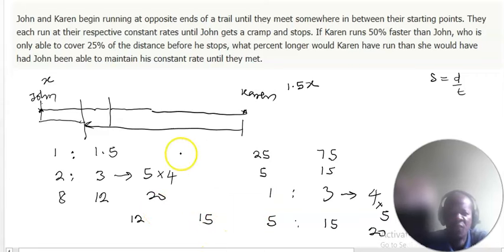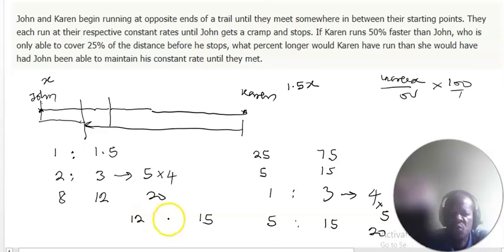So the formula for percent increase is increase over original value times 100/1. So the increase from 12 to 15 is 3 units.